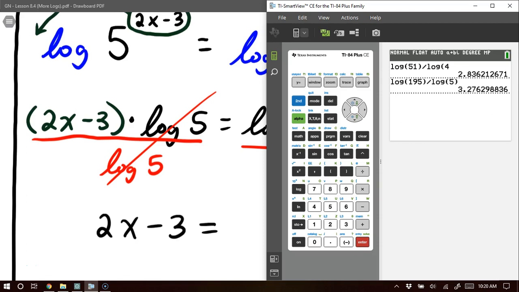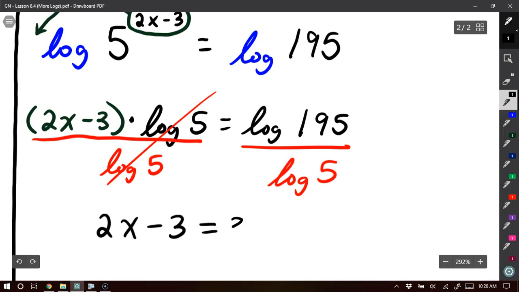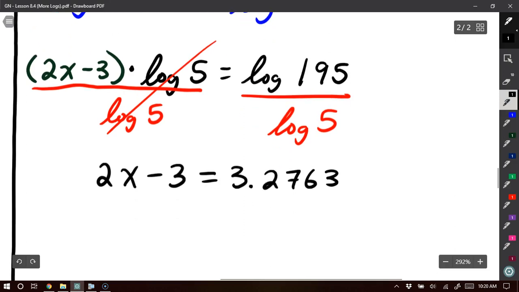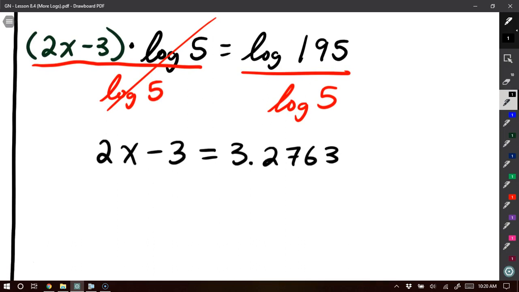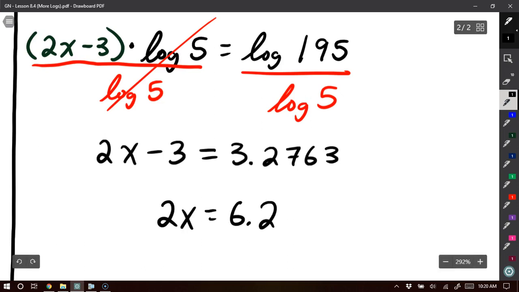3.27629, so it would be 3.2763. So now this is an easy one to solve. You're really going to need calculators for it with the logs to go through and get the answer. And I'm going to get 2x equals 6.2763. And then we're going to divide that by 2.